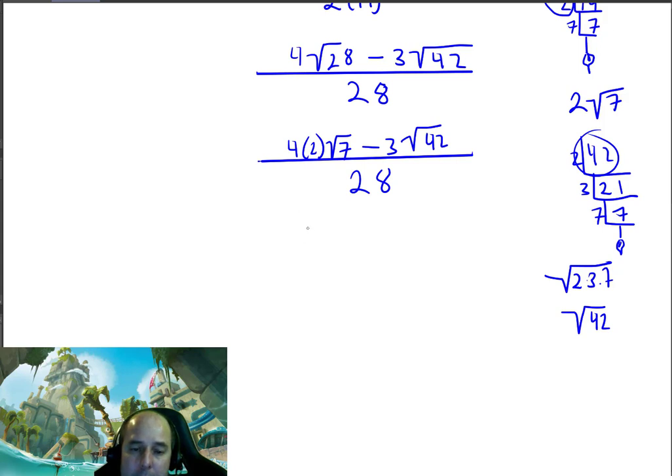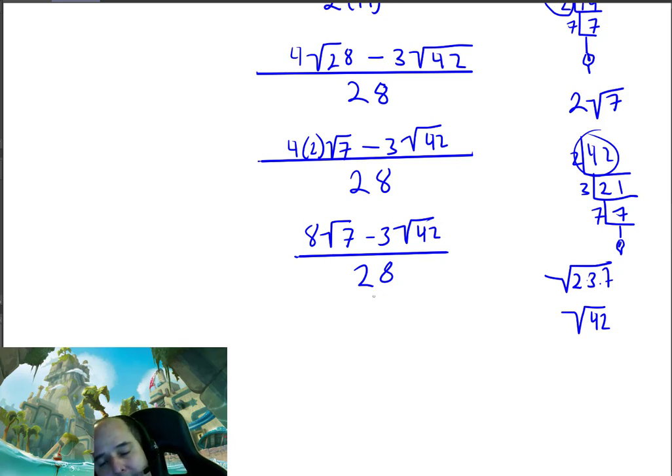So now that ends up equaling what? That's 8 square roots of 7 minus 3 square roots of 42 over 28. Last thing I have to check is, do all these coefficients have a common factor that I could pull out and divide away?